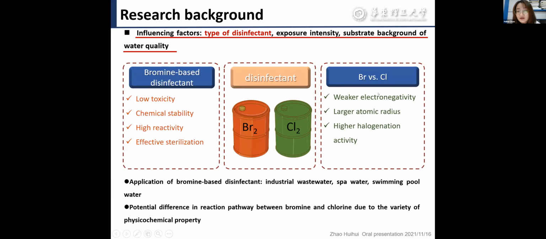Compared with chlorine, bromine has weaker electronegativity, a larger atomic radius, and higher halogenation reactivity. And this potential difference between bromine and chlorine might result in some opposite or different reaction pathways when membrane is exposed to a disinfectant environment.